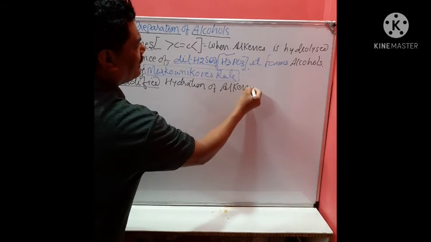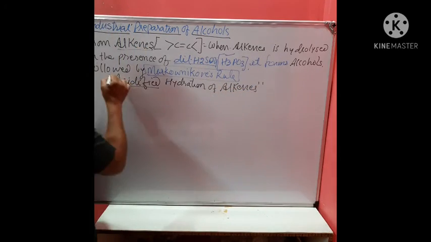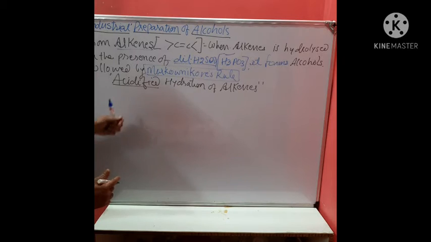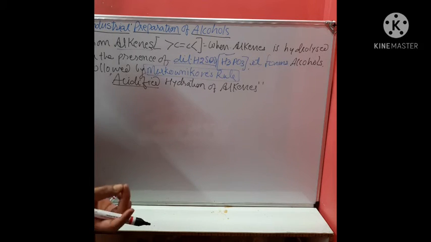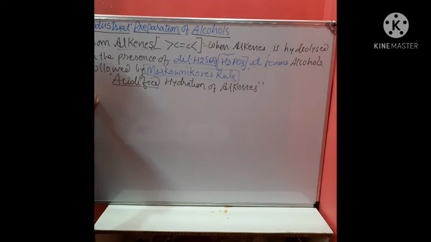In the exam, it is asked to explain the acidified hydration of alkenes. Any particular alkene can be given. This time I am using a very simple alkene, like ethene. This is the first member of alkene.